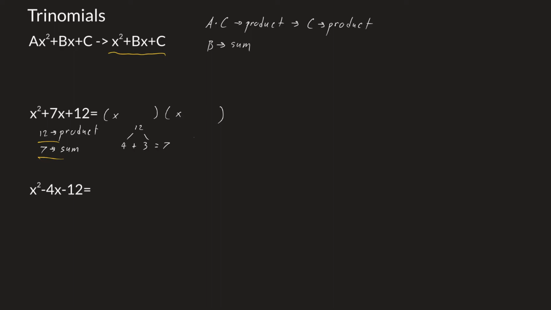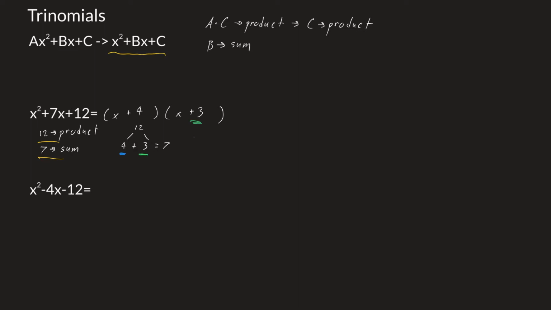Now, the second part is we're going to fill in those blanks. So x plus 4, that 4 comes from here as a positive 4, and then on this one, I'm going to say plus 3.